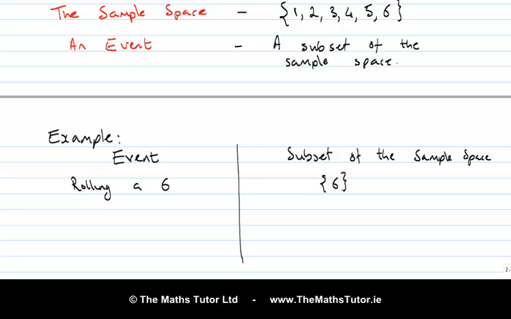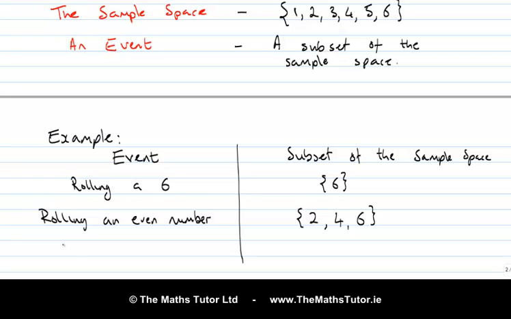Okay, so that doesn't seem very exciting. What about this event? Rolling an even number. To get the corresponding subset of the sample space, we just pick out the outcomes, which are things in the sample space, that correspond to this event. And so this set would be the set {2, 4, 6}.